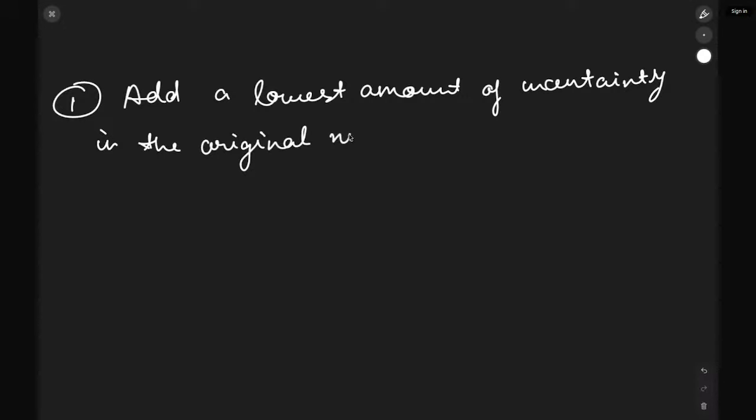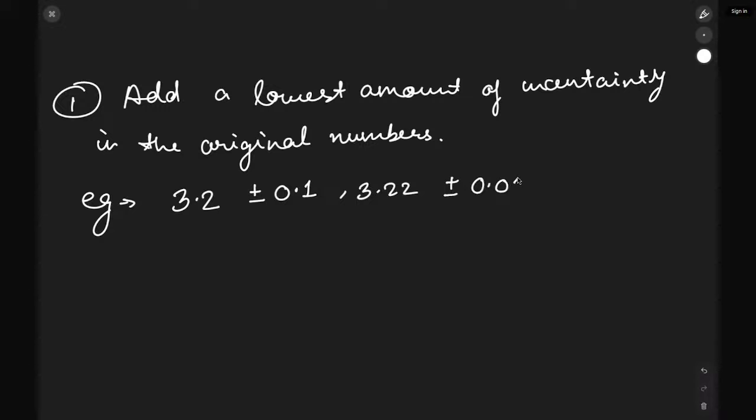For example, if you have to get the uncertainty for 3.2, it will be plus minus 0.1. For 3.22, understood now? The last decimal till you get it, that is the lowest amount of uncertainty that must be added or subtracted in the value.